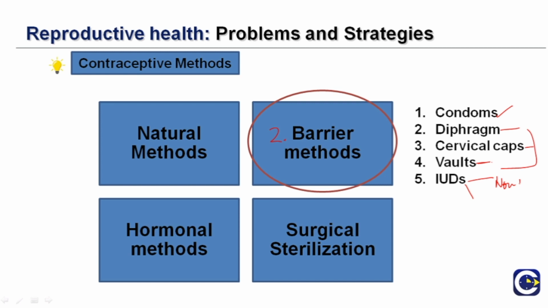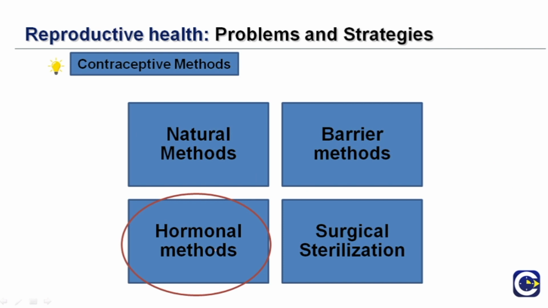The non-hormonal ones are the copper-releasing intrauterine devices, and the second ones are hormonal. So these are all the 5 barrier methods that are available for contraception.